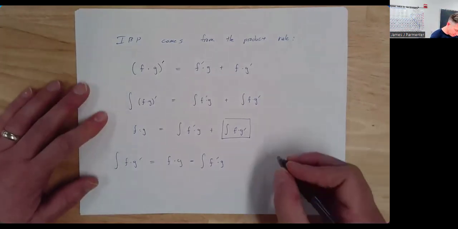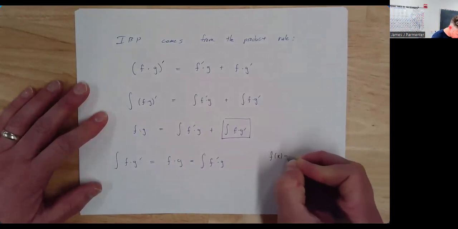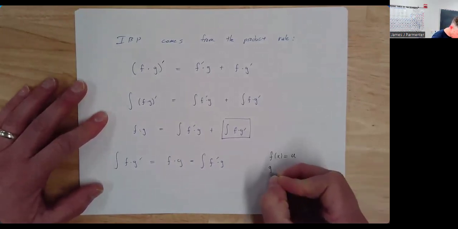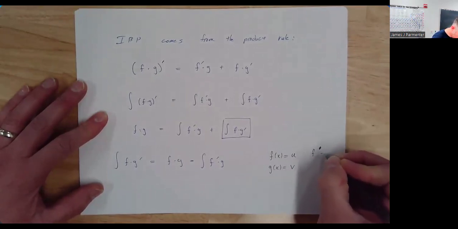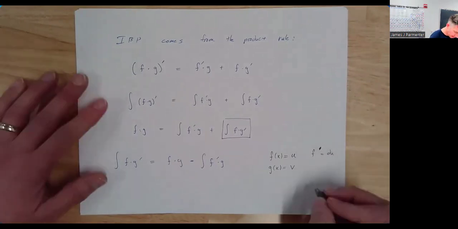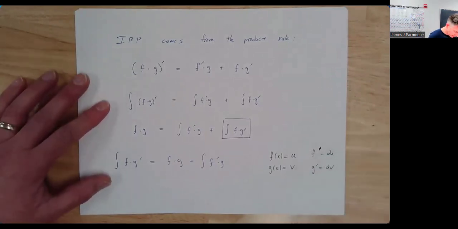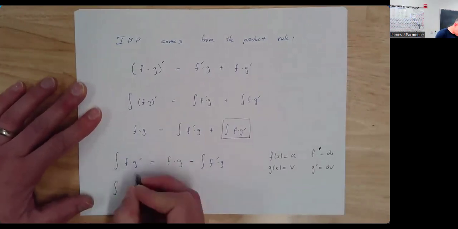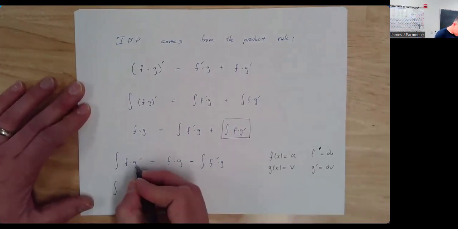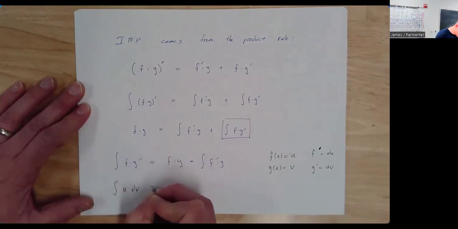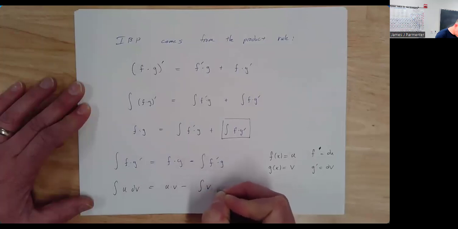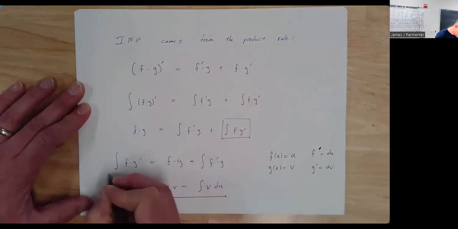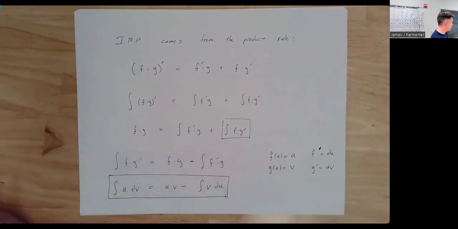So what we typically do is we say that f of x is actually u and g of x is actually v, and f prime, we're going to call that du instead, like for the derivative, and g prime we're going to call dv, and we're going to rewrite this as the integral of u times dv equal to u times v minus the integral of v times du. Sorry, there's your du, there's your v. And this is our integration by parts formula.